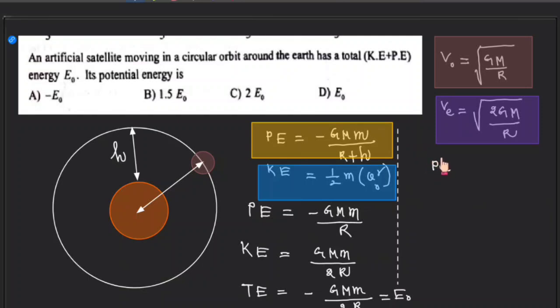Potential energy is equal to, what is the relation between this potential energy and kinetic energy? Minus kinetic energy by 2, right? So potential energy is equal to, is it right? One second.